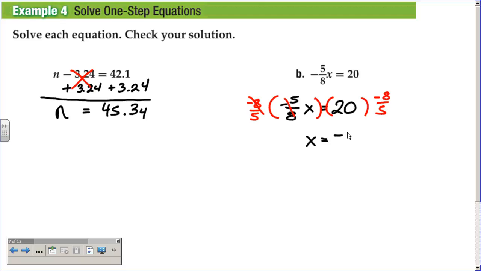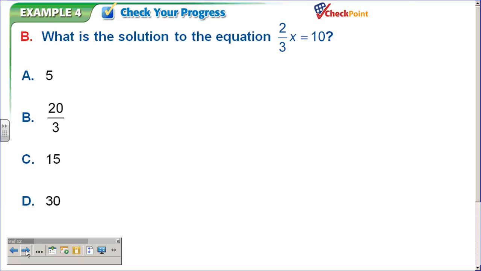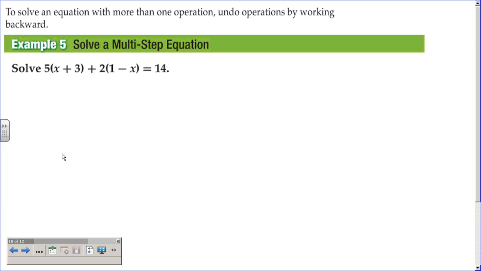And if you recall the circular method for multiplying by fractions, I can divide 20 by 5, so we'll do that. 20 divided by 5 is 4. Now I'll multiply the 4 times the 8, and that gets me 32. So there's your solution there. All right, that's a basic one-step equation. Okay, you would have that if you were in class, and now we'll move right over here.